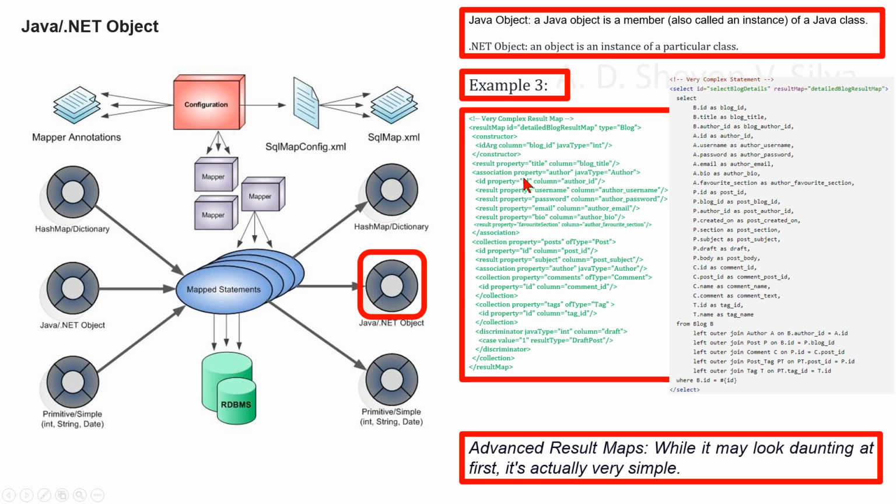Nested result mappings, associations are result maps themselves or can refer to one. Collection, a collection of complex types. Nested result mapping, collections are result maps themselves or can refer to one.